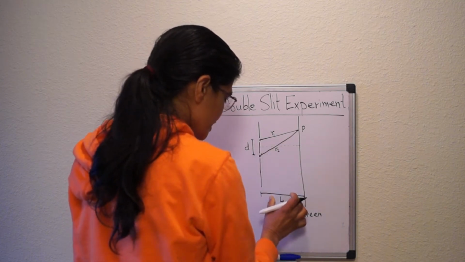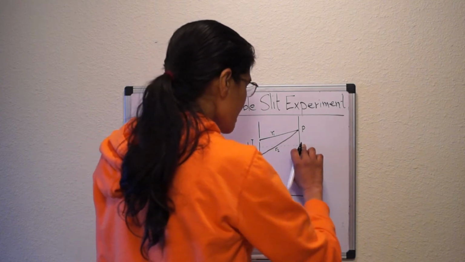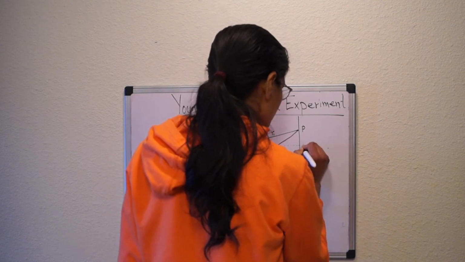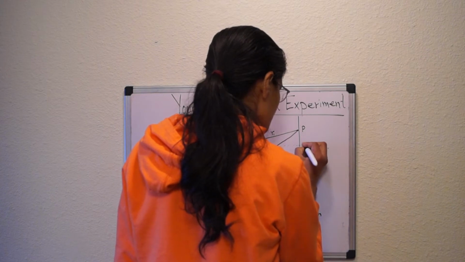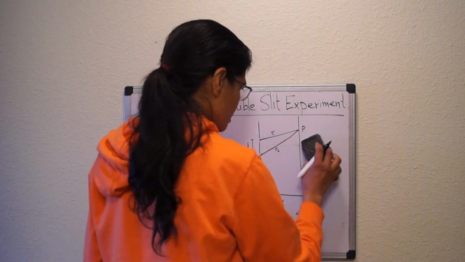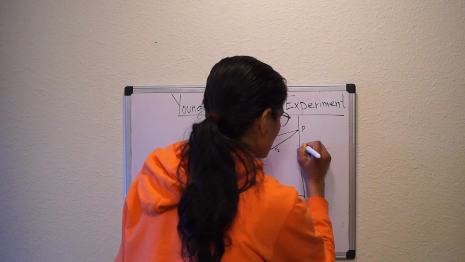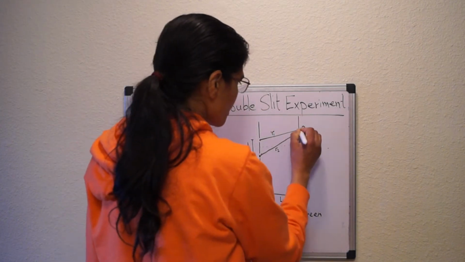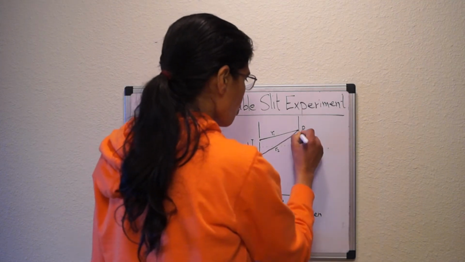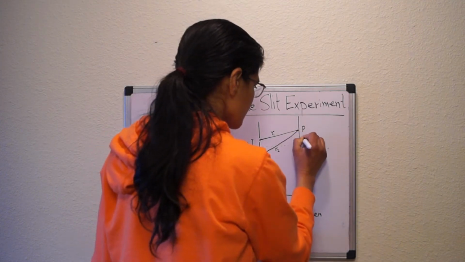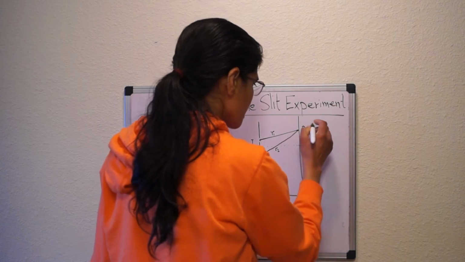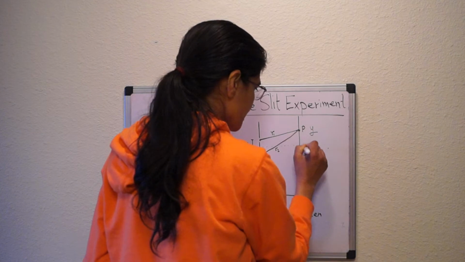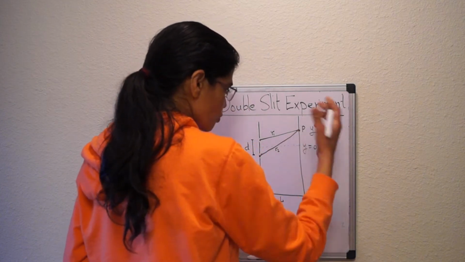This line has the same length as L. If we have an origin here, we can call this y equal to 0. And this point P is at some distance y from y equal to 0. Alright, this length is y.